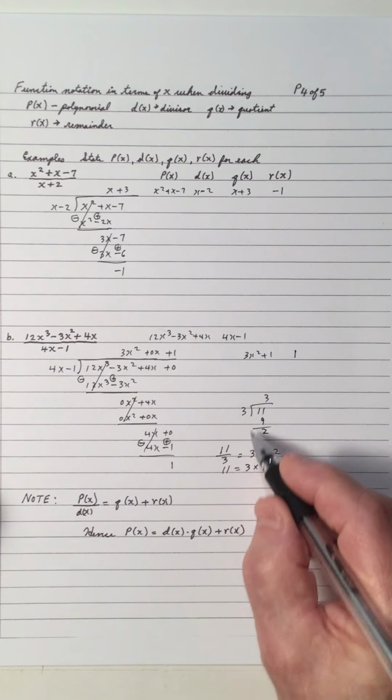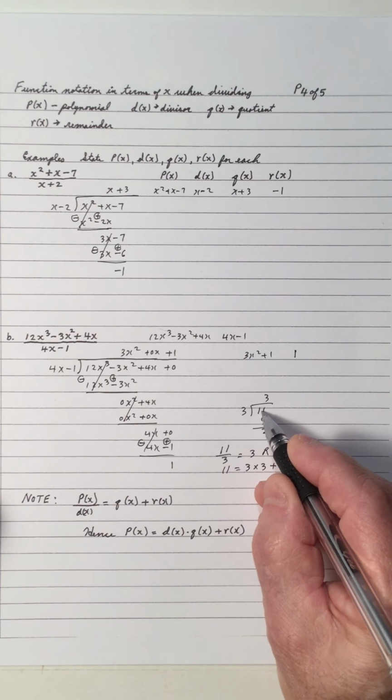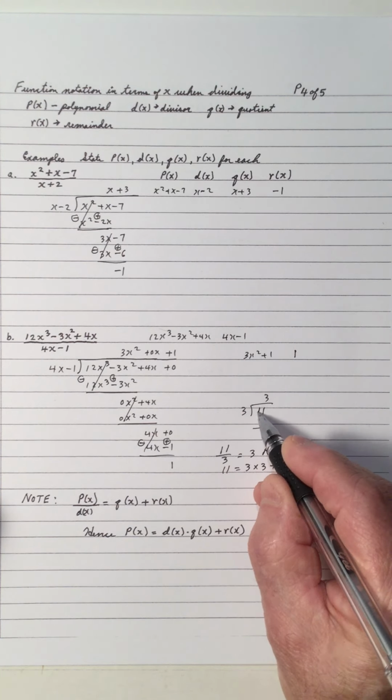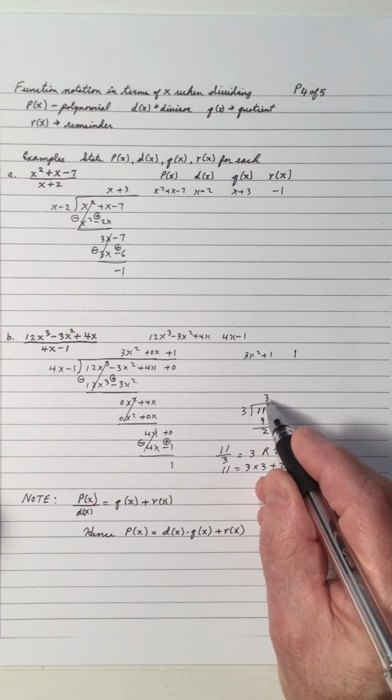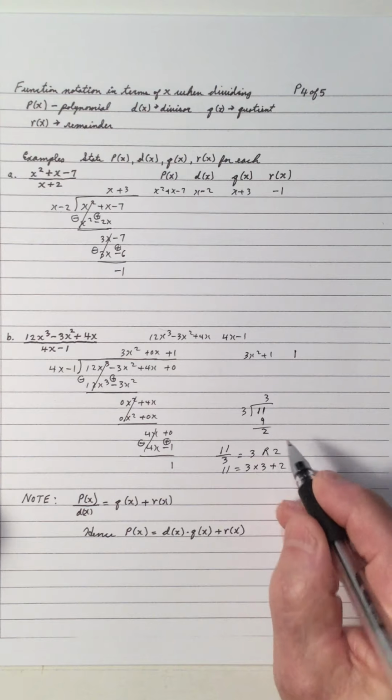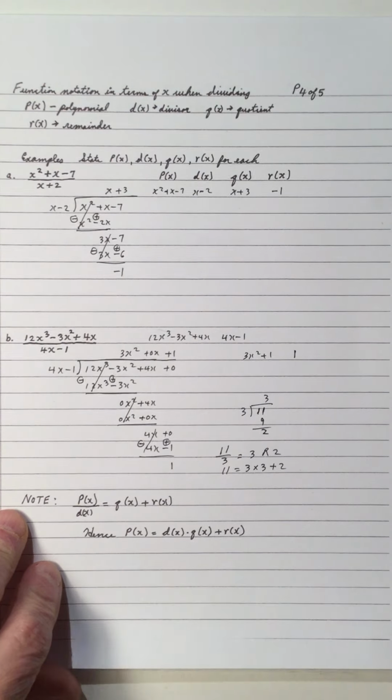The only thing is I have 2 3s, so it makes no difference. That's what you call the dividend. That's your divisor. That's your quotient. That's your remainder. So let's practice this right here.